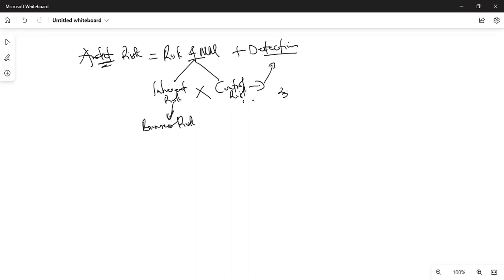Then those about control risk are coming from what? Internal control. Internal control is a topic in audit and assurance, the level 2 part. Then when it comes to detection risk, we are talking about the auditor's sampling and the substantive testing.